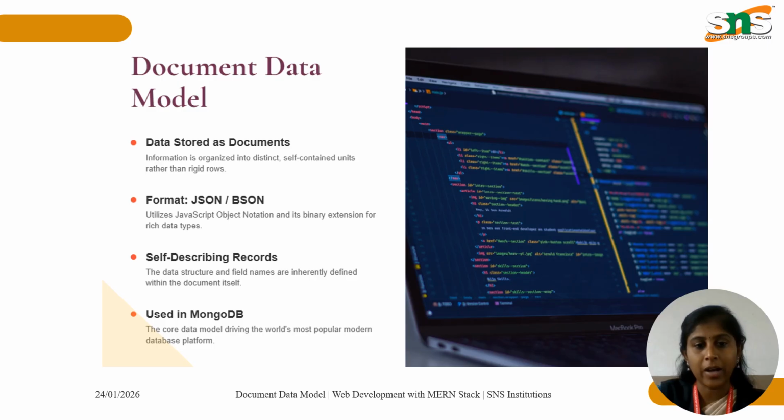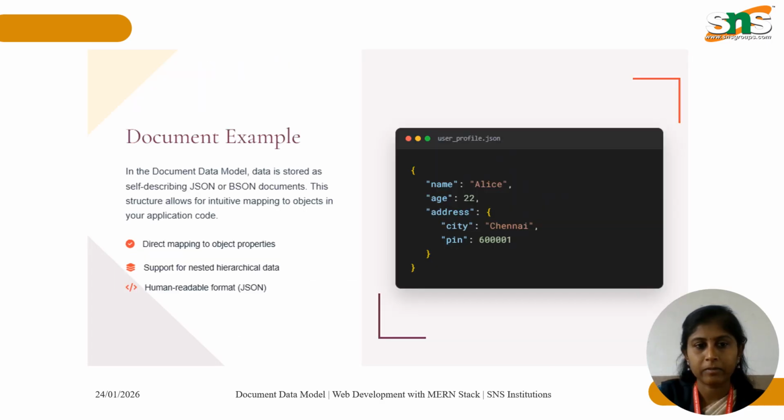One major advantage is that documents within the same collection do not need to have identical structures. Different documents may contain different fields depending on the application requirements. This flexibility makes MongoDB highly suitable for modern application development.